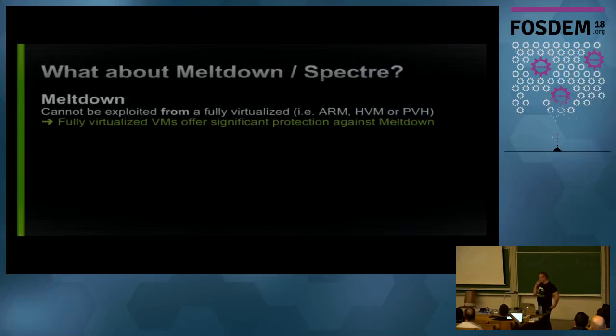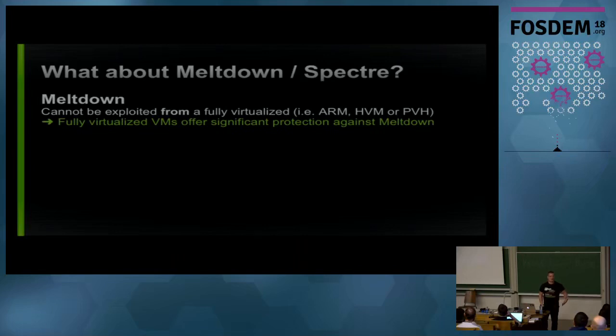As we're talking about security, I think we also have to talk about Meltdown and Spectre quite quickly. I don't know whether we had lots of talks about this yet today, but obviously Meltdown is the most dramatic one. From a Xen perspective, it can't really be exploited in fully virtualized VMs.